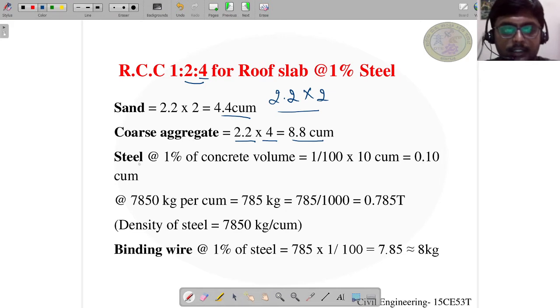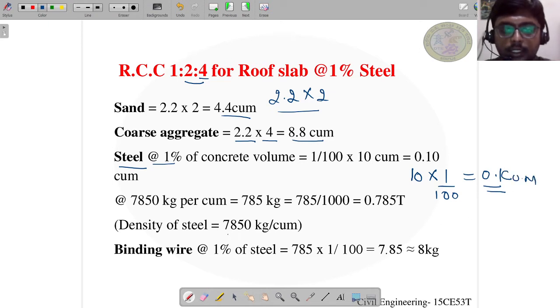So next let us calculate the quantity of steel. They have given it at 1% of the concrete volume. Here we take the wet volume. So 1% of 10 cubic meter will give us 0.1 cubic meter. How to calculate in tons with the help of this 0.1 cubic meter?